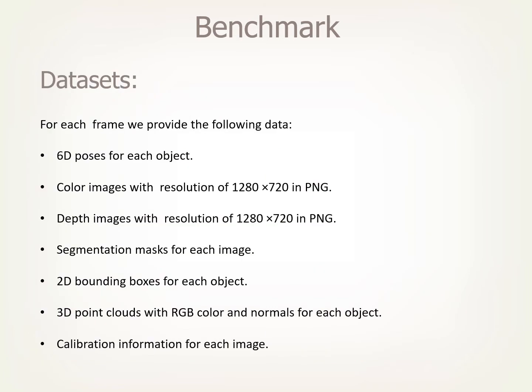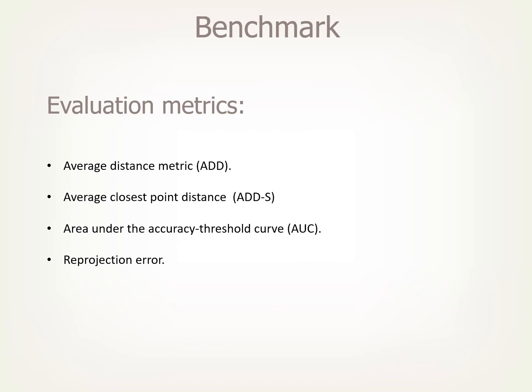For each frame, we provide the following data: the object pose, color image, depth image, segmentation mask, 2D bounding box, 3D point cloud, and calibration information for each image. We use 4 metrics to evaluate the performance of pose estimation approaches.